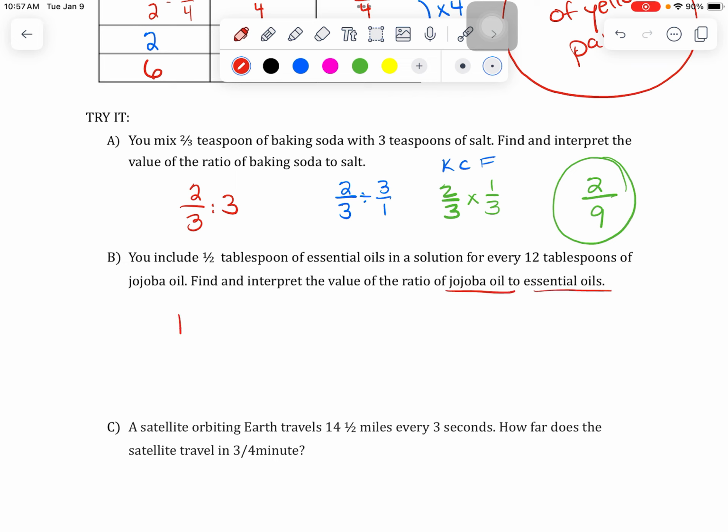So that would be 12 to 1/2. So again, to solve this, I need to divide. So I need to do 12/1 divided by 1/2, which then we do our keep, change, flip. So it's 12 times 2. So we end up getting a value of 24.